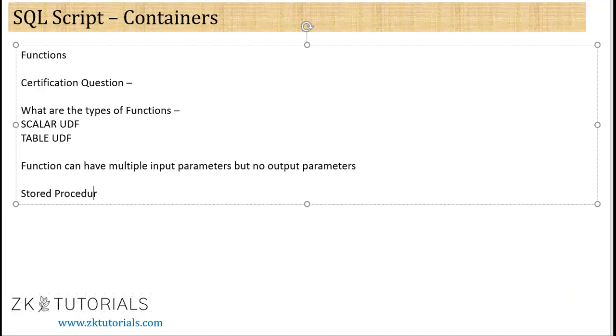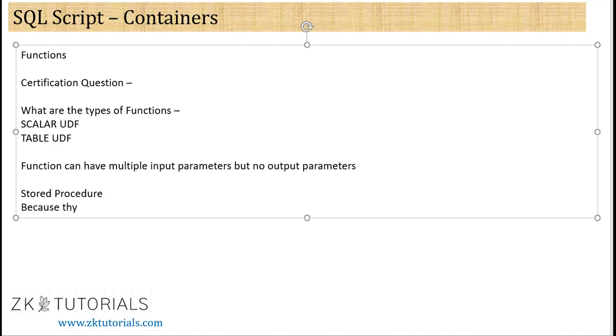It's very important. So many important terms here, guys, which I am telling you about the database. That's why it's also known as a database procedure, because they store the code.